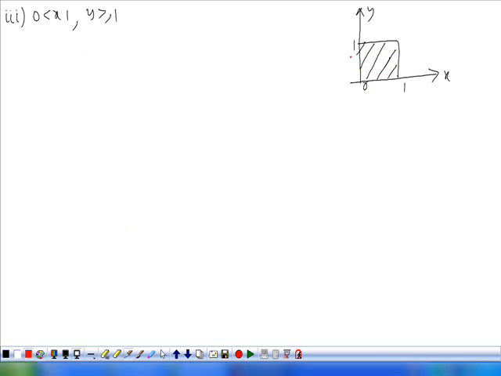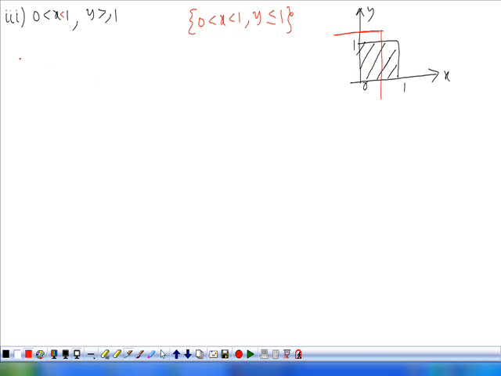So x is lying in between 0 and 1. So therefore this region, any value. So x may take any value between 0 and 1. But y is greater than 1. So greater than 1 means this region. Here the event that we considered is this event. This is the joint event. So the common region is this region.